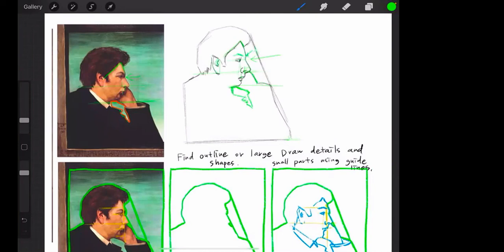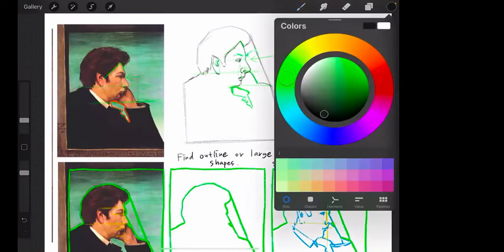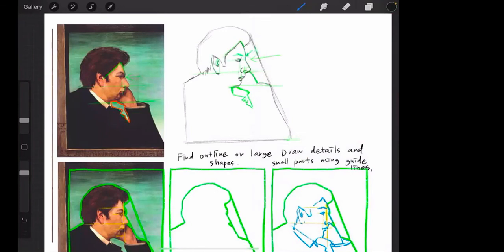So that's it. You just draw the silhouette of the hand.